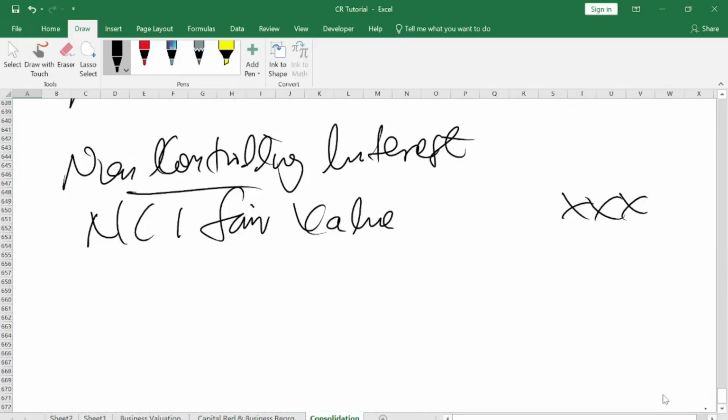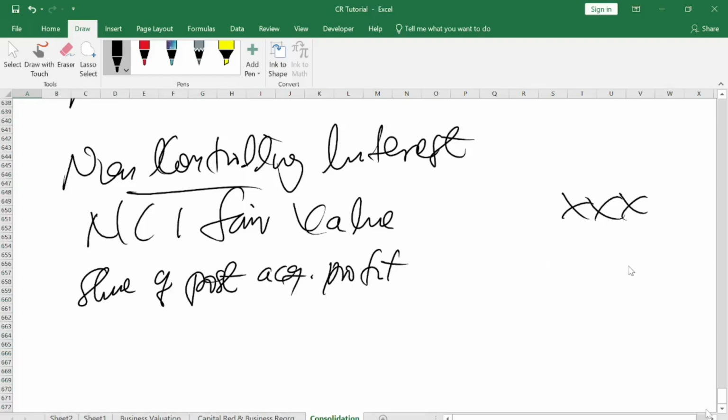Whatever you get from post-acquisition, they will come and share between parent and subsidiary. So that's why you have the share of post-acquisition profit, that you come and share it. Everybody will get a small portion, right? Then you add it.